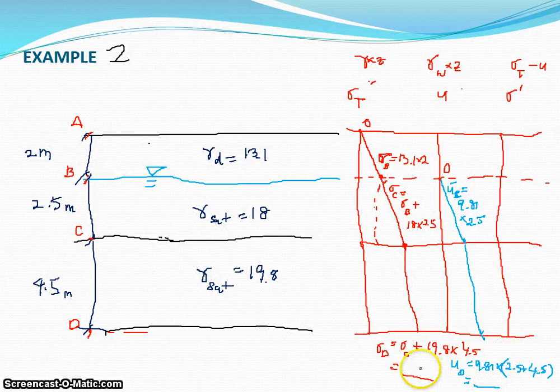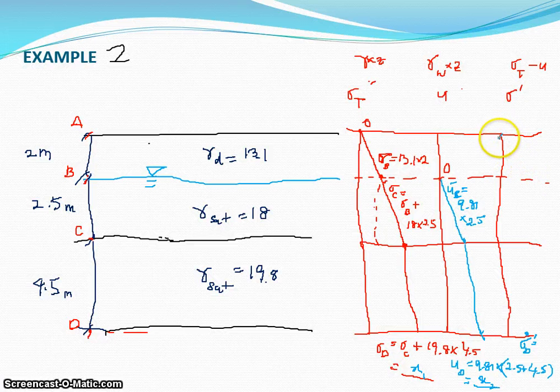Let's say this is x1 and x2. The effective stress at D is x1 minus x2. Or you can also calculate from level to level.